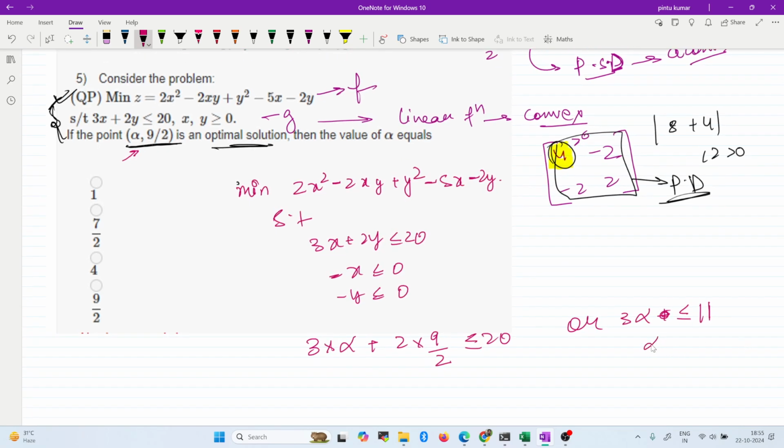So alpha is less than or equal to 11 by 2. This is one piece of information that we have got from this condition. The other information that you can get is that alpha is greater than or equal to 0.